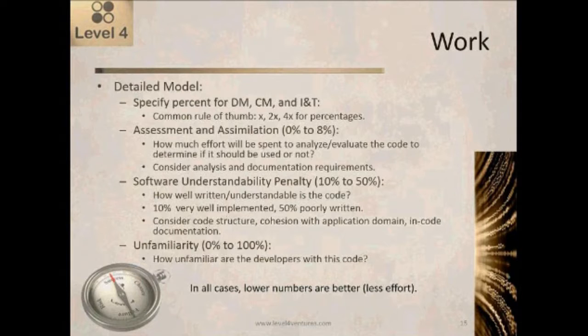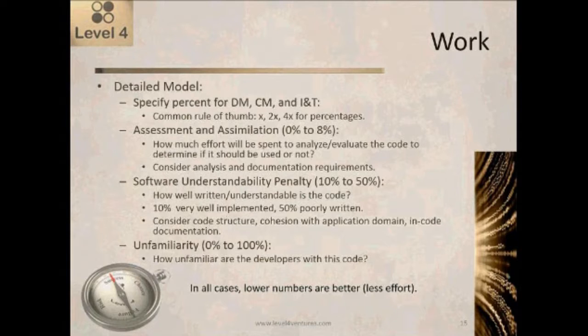And so in this case, we would often use that common rule of thumb of the design change would be X, the code change would be 2 times X, and the integration and test would then be 4 times X. So it doubles and it doubles for our percentages. Obviously, you don't go over 100%.